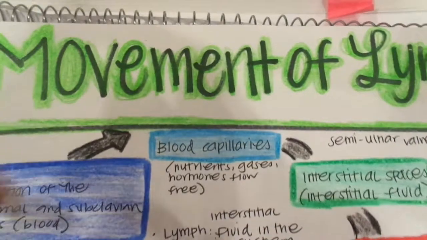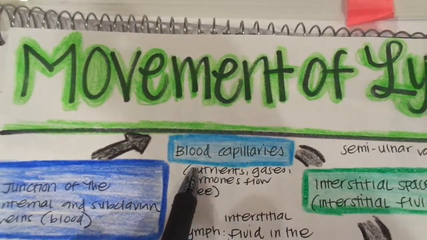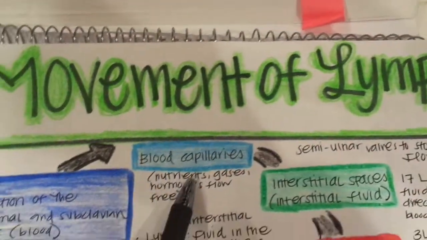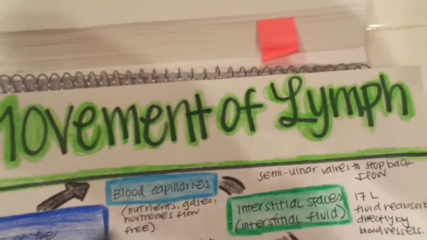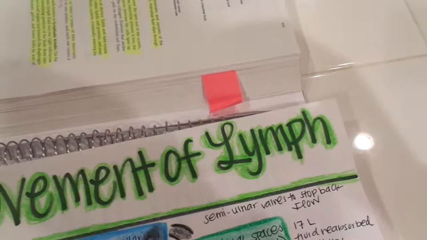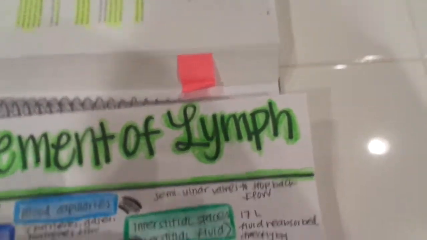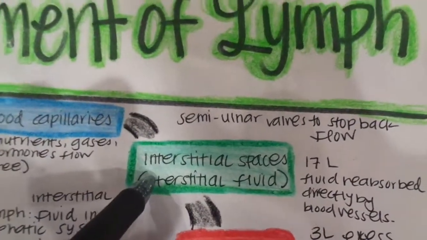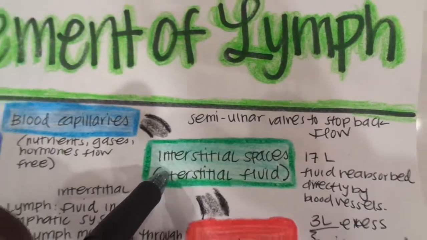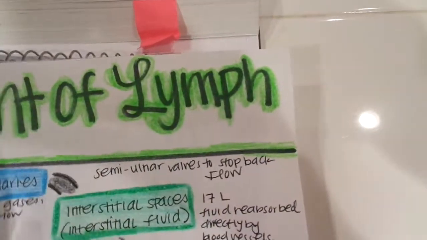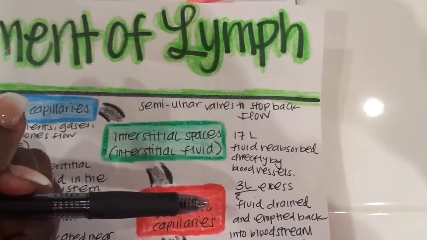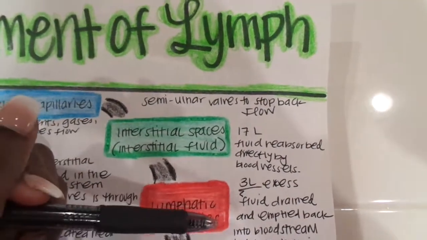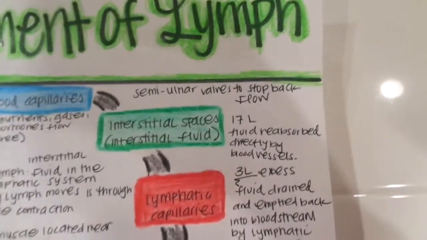So we start off here with the blood capillaries. They actually seep nutrients, gases, hormones, and they're able to flow freely. And then they go ahead and enter into the interstitial spaces. Okay, and then about 3 liters of excess fluid is drained and emptied back into the bloodstream by the lymphatic capillaries.